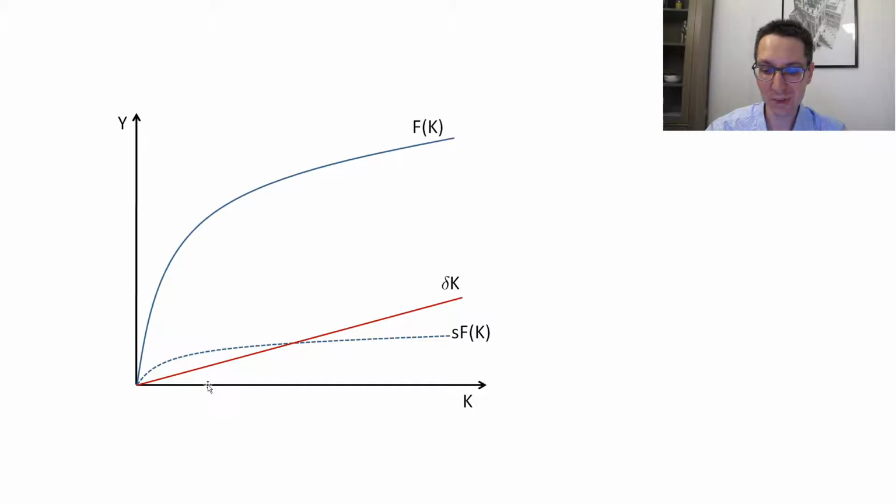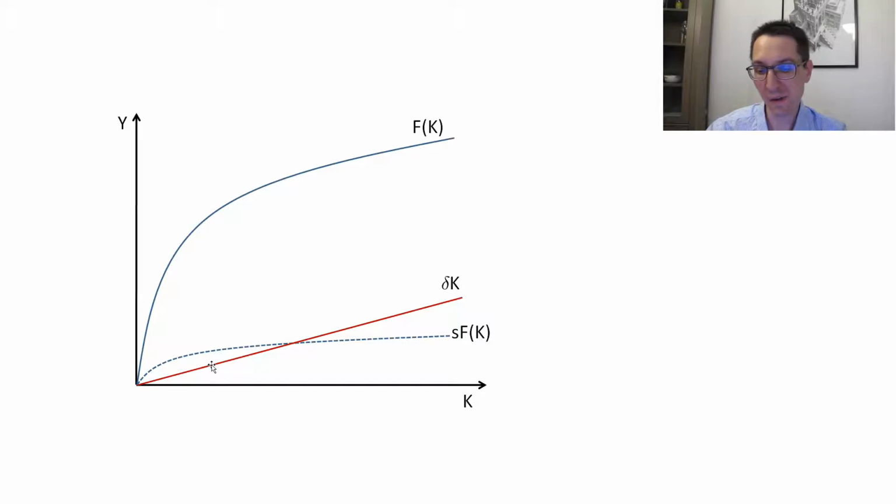So at this quantity of capital, what can we see? Well, we see that investment is s times f of k, so it's here, and depreciation is delta times k, so it's here. So what do I see? I see that investment is bigger than depreciation, so it looks like capital stock should grow.